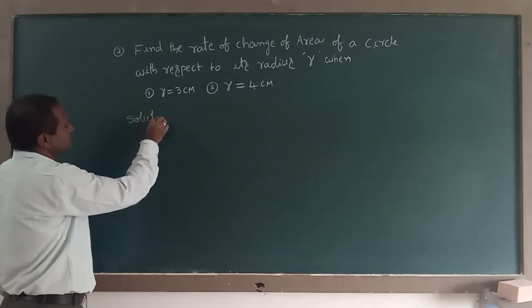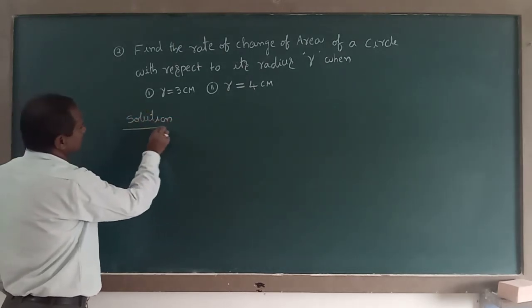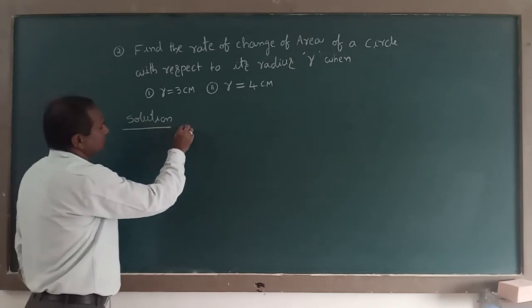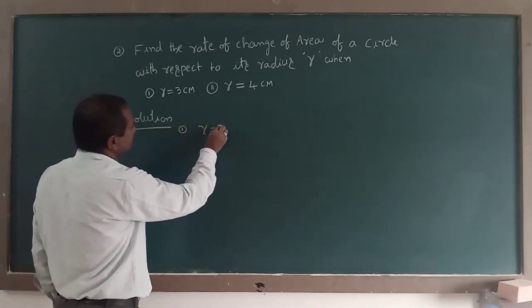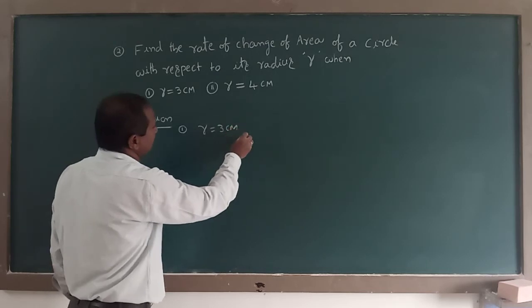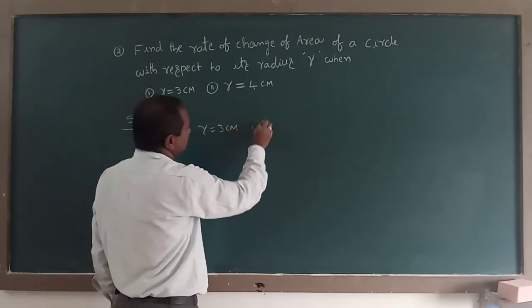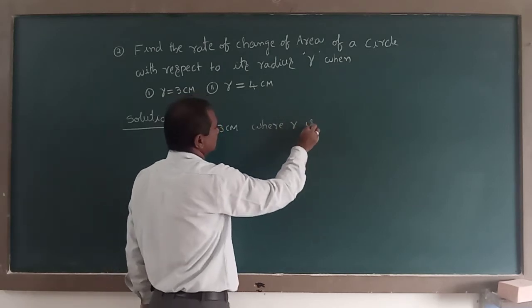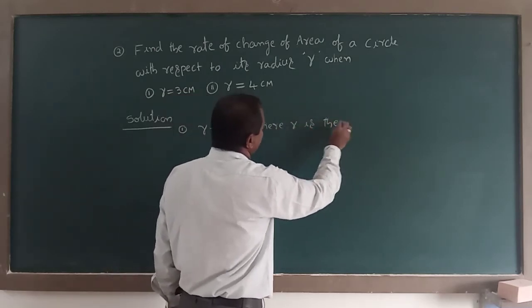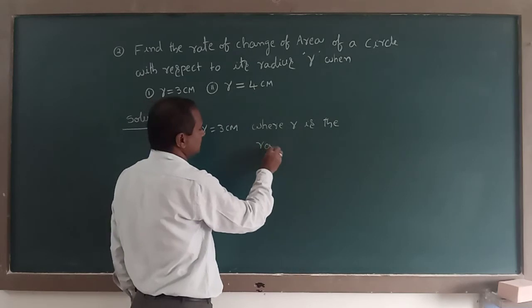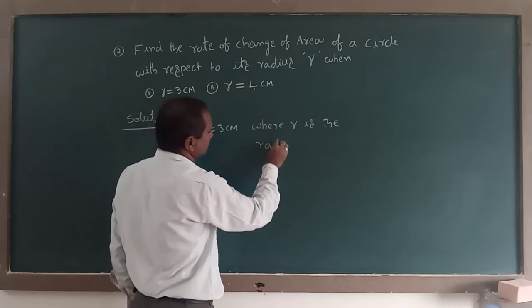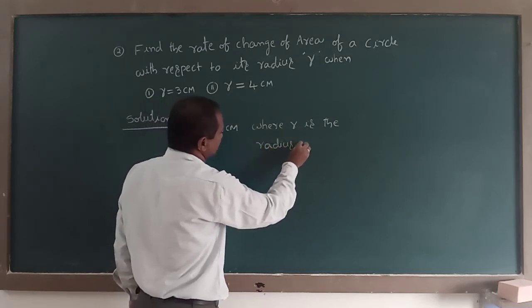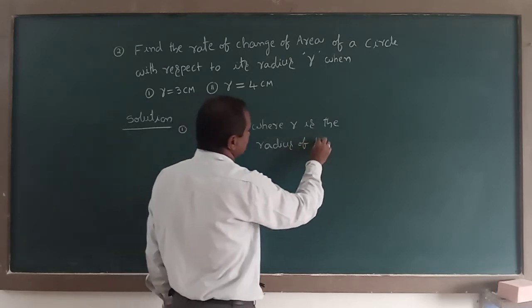Solution for this question is: first question, r is equal to 3 centimeters, where small letter r is the radius of the circle.